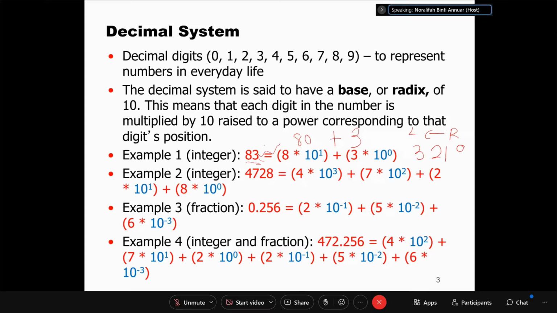So for 83, the base position is 0, 1, and it keeps increasing the position until n. So D is the decimal, so you can write it as 8 times 10 to the power of 1 plus 3 multiplied by 10 to the power of its position 0. So you get 83. Can you understand?